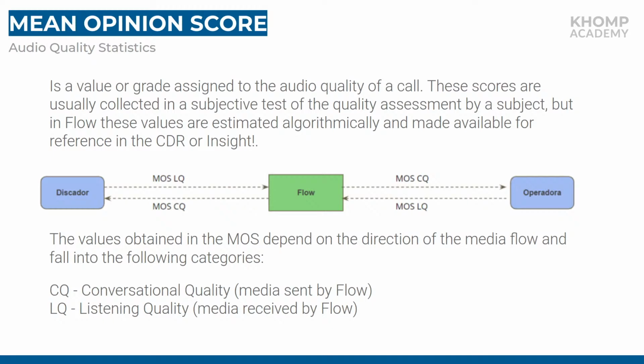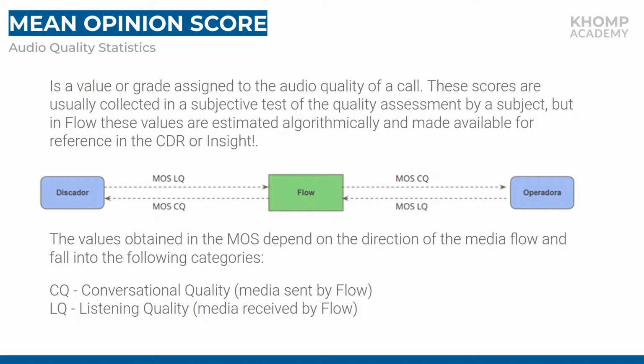So if you have a dialer and you want to see the quality, I can analyze the leg's LQ. Okay, I'm receiving this quality from that dialer, and I'm sending this quality to that dialer. At the same time, you have the same for your carrier, your SVC, or your gateway.